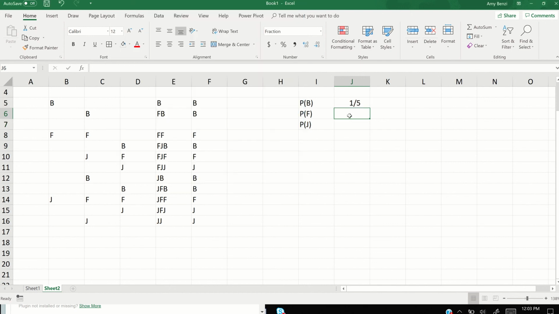All right, so the probability of Fran, remember Fran was cheating. I'm sorry, I said 1/5. It was 1/7. The probability of Fran was 5/7. And the probability of Julio was 1/7.